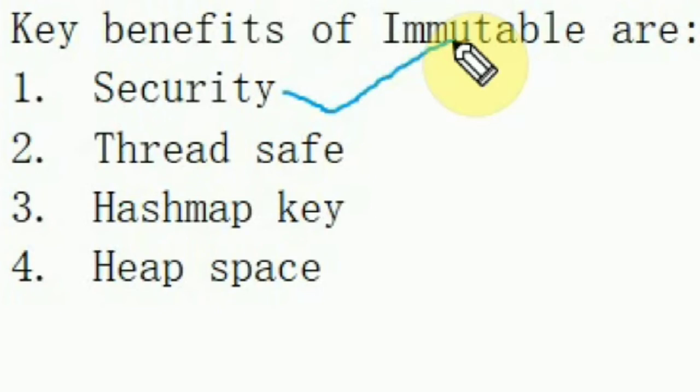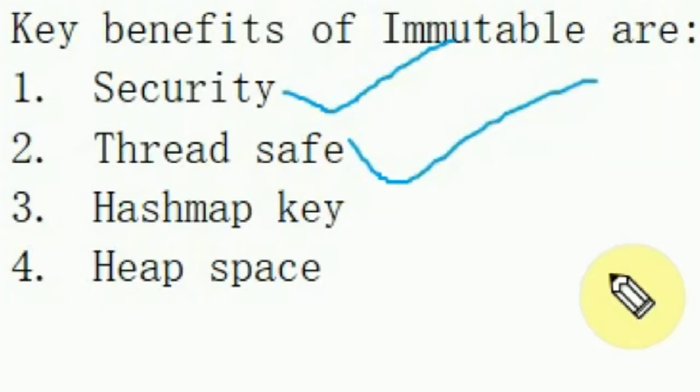That's how immutability of strings provides security. The second feature is thread safety. Immutability internally makes the string thread safe. A single string instance can be shared across threads. We don't have to use synchronization for thread safety.